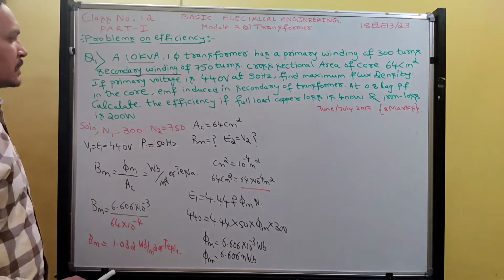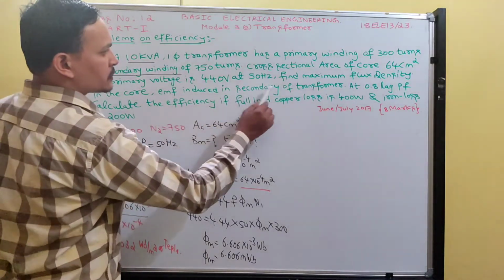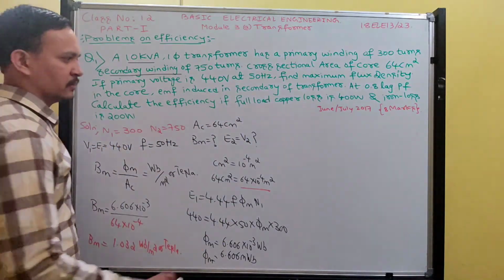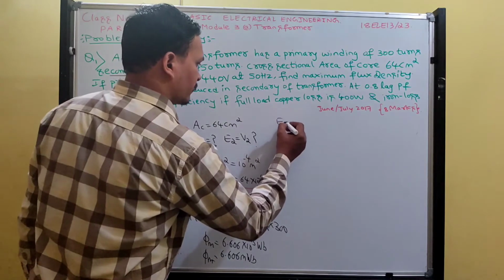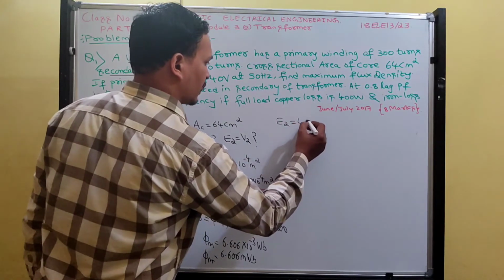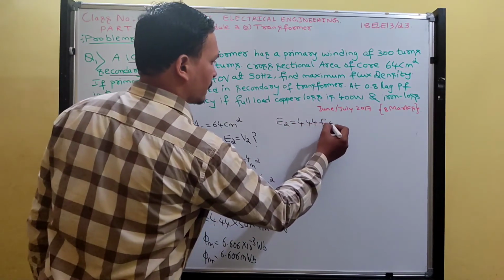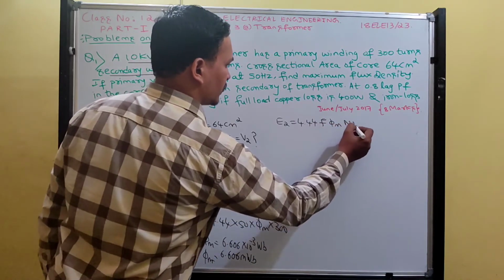And what did they ask next? The EMF induced in the secondary of the transformer. We can calculate the induced EMF using this formula, 4.44 f phi m N2.